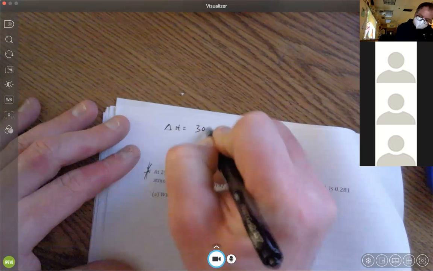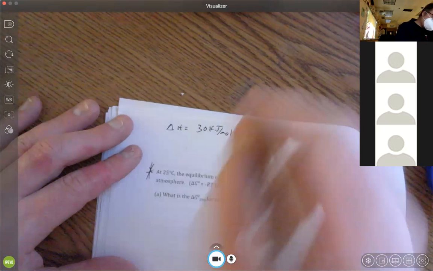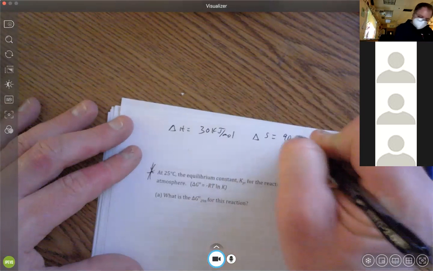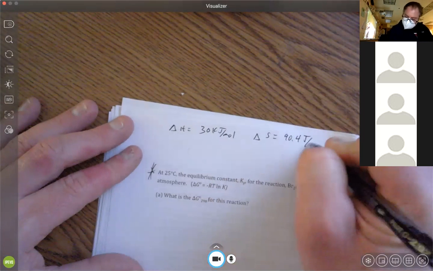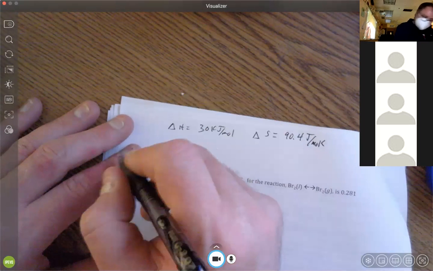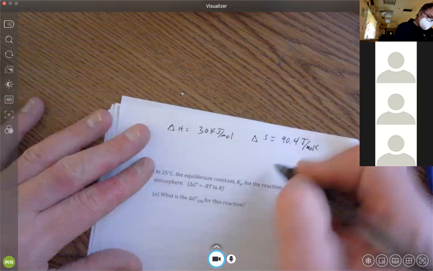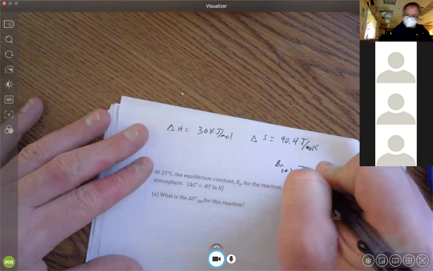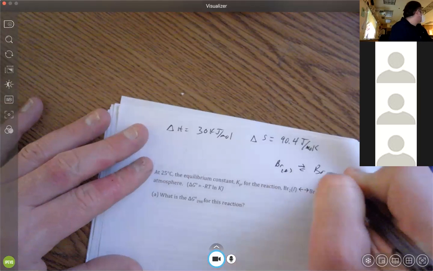Delta S equals 90.4 joules per mole Kelvin. And we've got bromine liquid going to bromine gas. So what does that make delta G if it's at equilibrium?